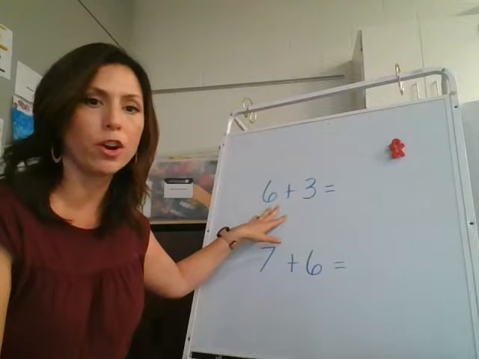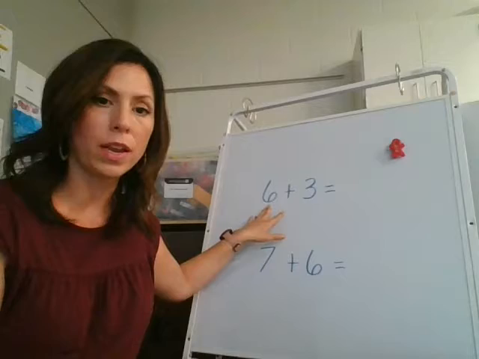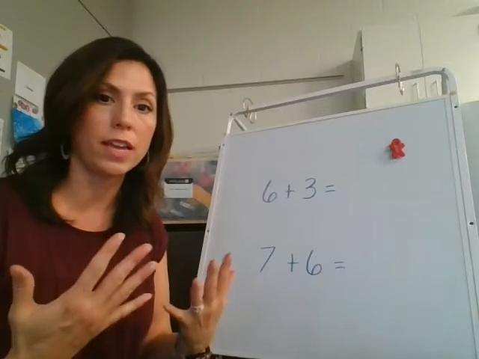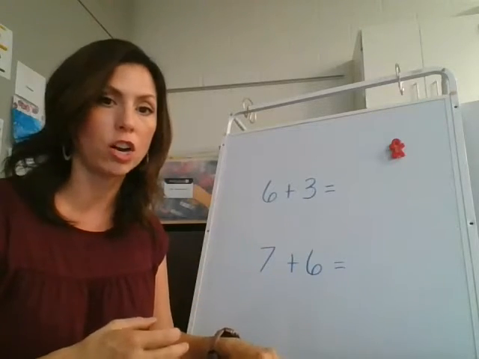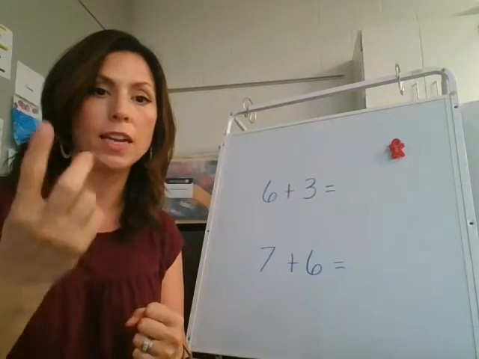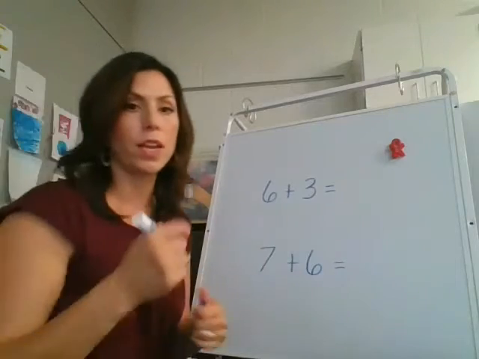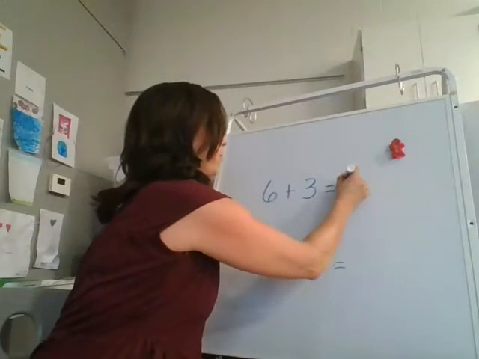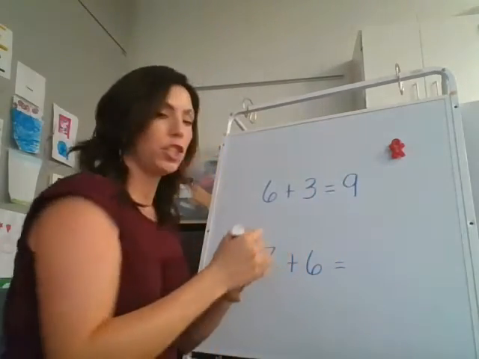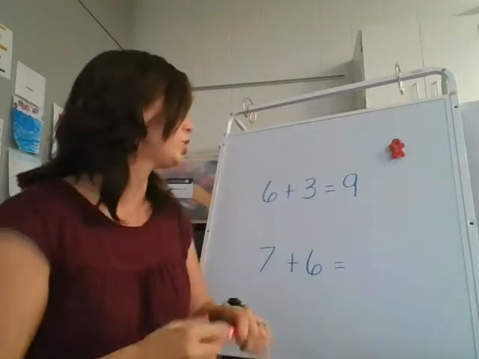We take the bigger number, 6, and we can count up 3, whether we do that with our hands or a chart. So we say 6, 7, 8, 9. We know that 6 plus 3 equals 9. And I just wanted to show you that addition is related to subtraction.